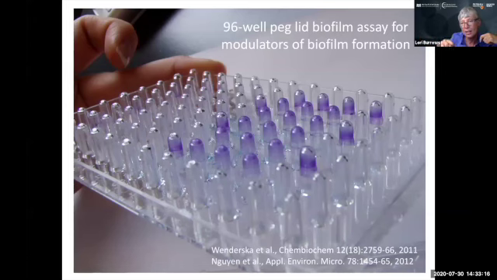And the purple dye gives us an indication of how much biofilm has formed on the peg. We can then take the stained pegs and again immerse them in a new plate that has either ethanol or acetic acid in it, and that will elute the dye, and then we can measure the dye with a plate reader, and that tells us how much biofilm we have. So it's an indirect measure because there are multiple steps there, but it is very reproducible, and we really like it.